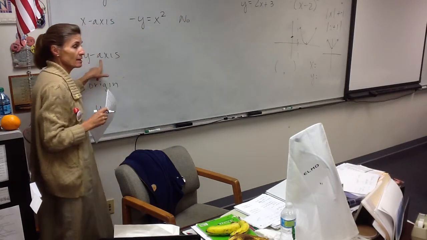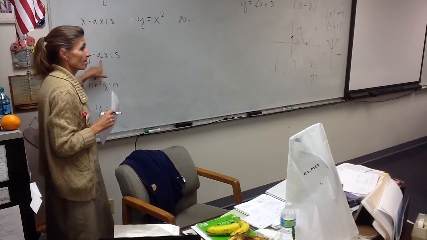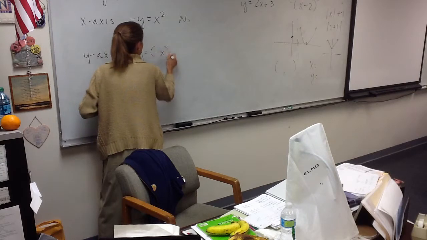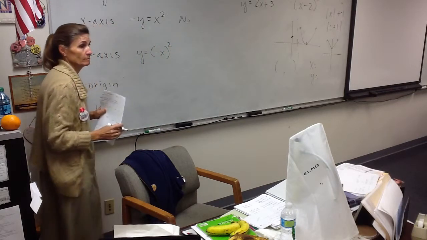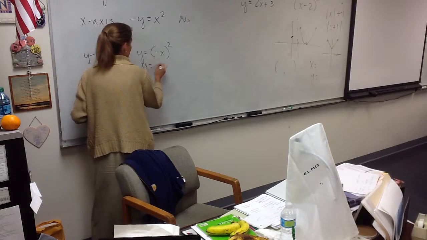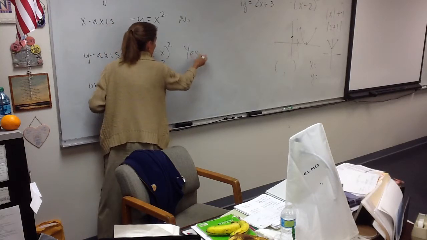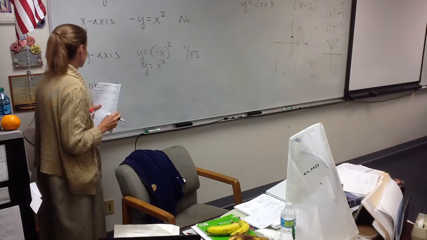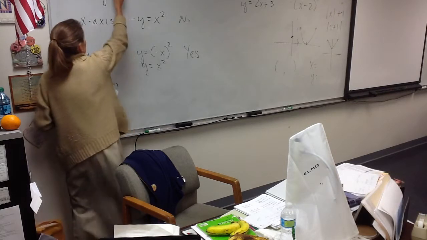What's the test for the y-axis? That would look like this in terms of work. Now what happens here when you simplify this? It's the same, so that is a yes. Oh, sorry, there's a 2 there.